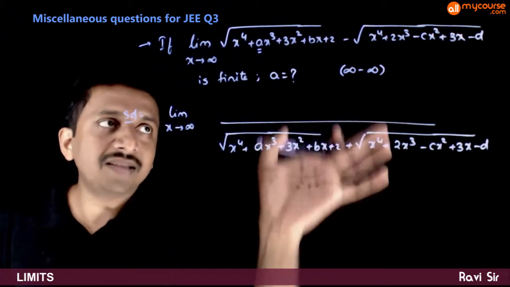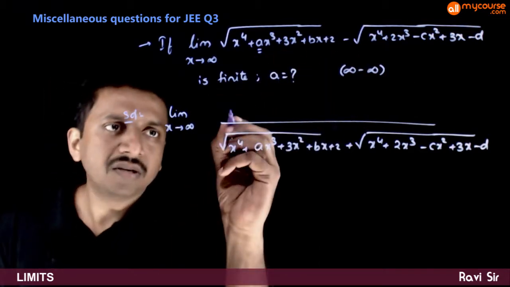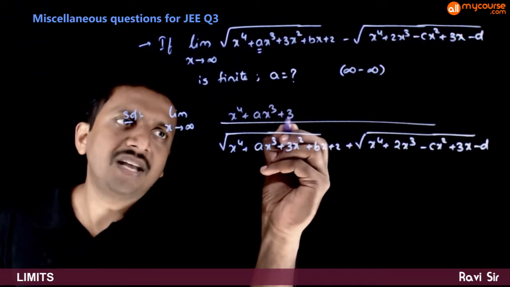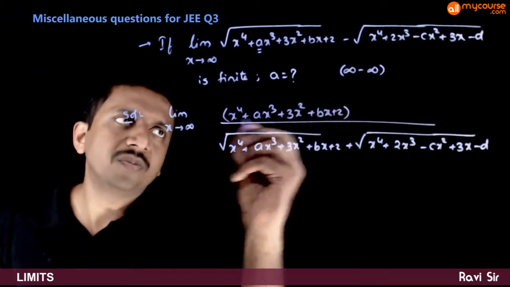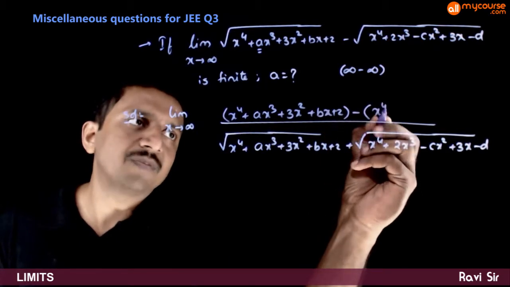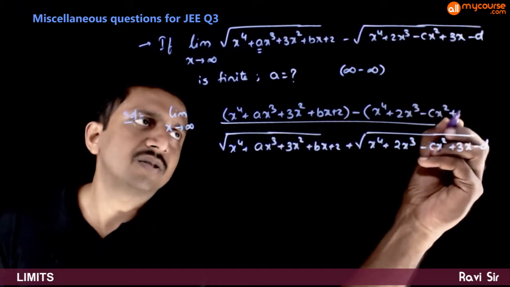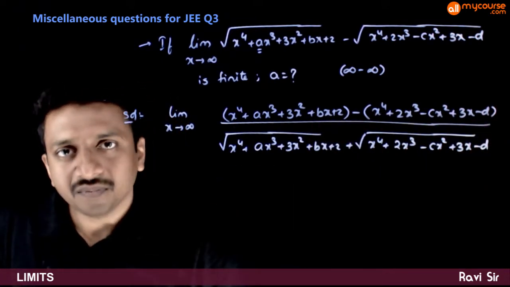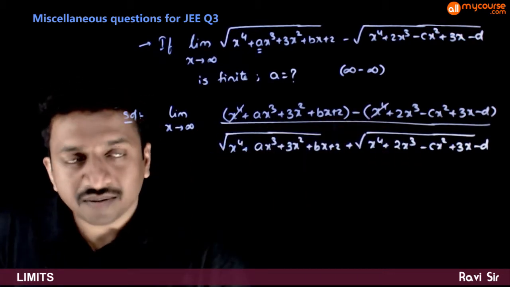Now when I multiply this with this expression, I get a square minus b square type of expression. So x power 4 plus ax cubed plus 3x square plus bx plus 2, minus x power 4 plus 2x cubed minus cx square plus 3x minus d. In the numerator, as you can see, x power 4 and x power 4 get cancelled.